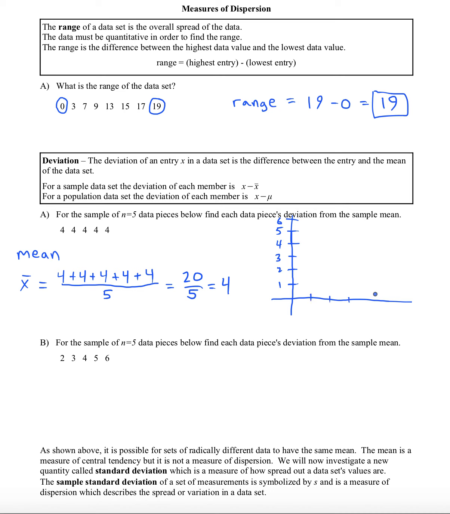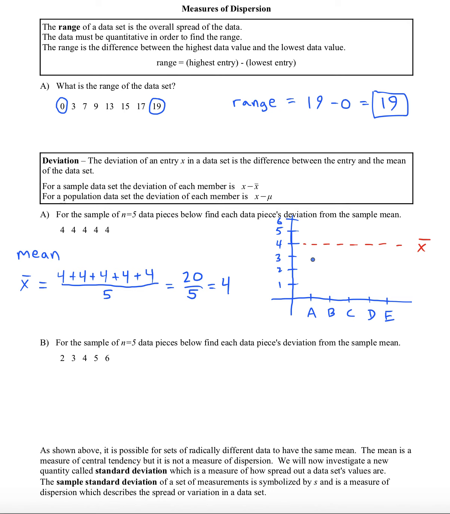On the horizontal axis, I'm simply going to label the different data pieces that were taken. There are 5 of them, so I'll label them with the letters A through E. It's also going to be important for this diagram that I draw the mean as a dashed line at 4. That's the X bar.